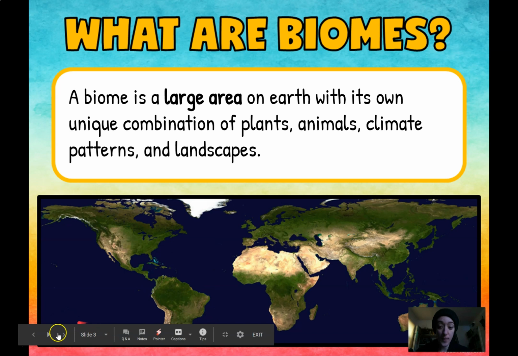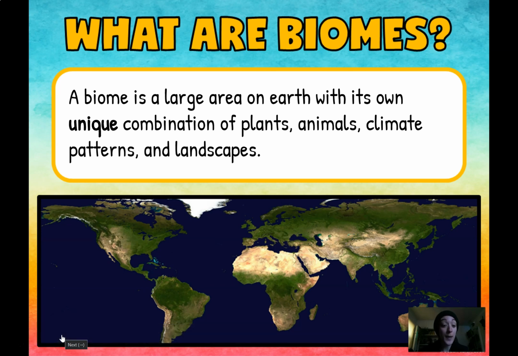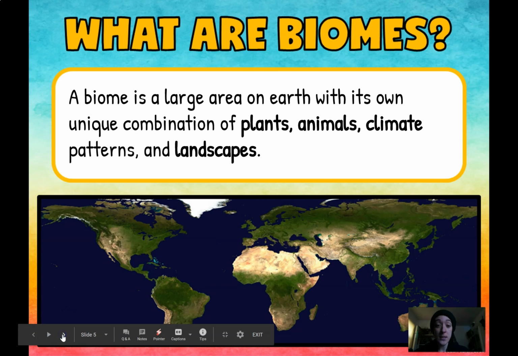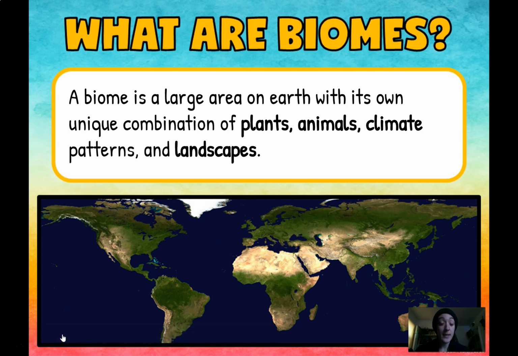The next word I want you to pay attention to is unique. What does unique mean? So unique means special or individual, right? So each biome has its own traits, its own special qualities or characteristics. And we classify biomes based on these 4 things: the type of plants, the type of animals, the type of climate patterns.